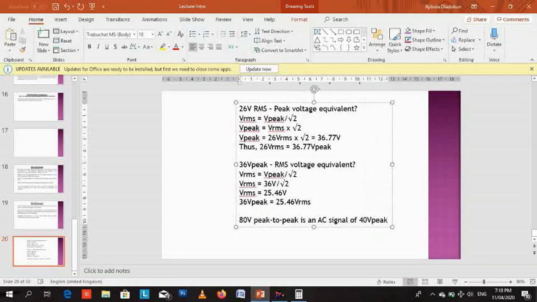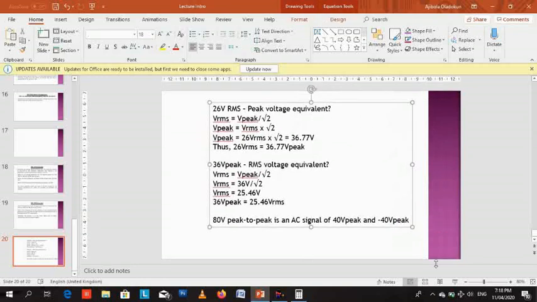So it's an AC signal of 40 volt V peak and minus 40 volts. The maximum is plus 40 volts and the minimum is minus 40 volts.